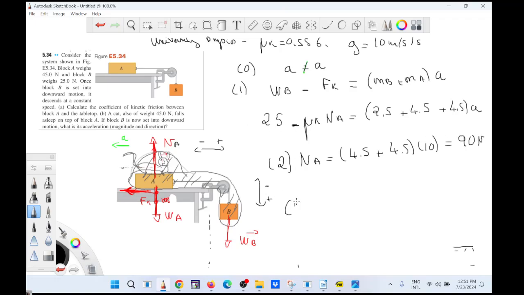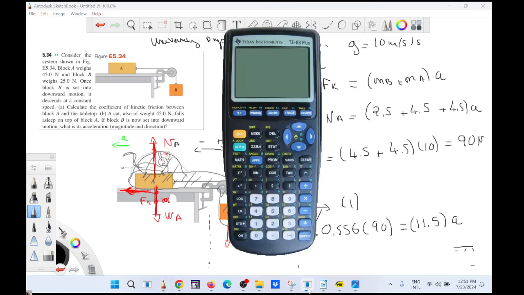Okay, so I can apply 2 into 1. So I have 25 minus 0.556 times 90, equals total mass is 9, 10, 11, so 11.5 times the acceleration.